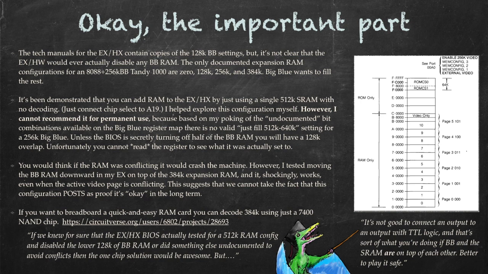But the short version is it appears that there is actually no valid configuration for a 512K memory expansion in a Tandy 1000EX that doesn't cause clashing, unless the BIOS in those machines is actually disabling 128K of the built-in RAM. Unfortunately, it is not possible to read this register.